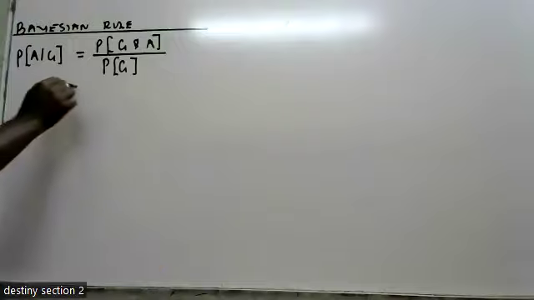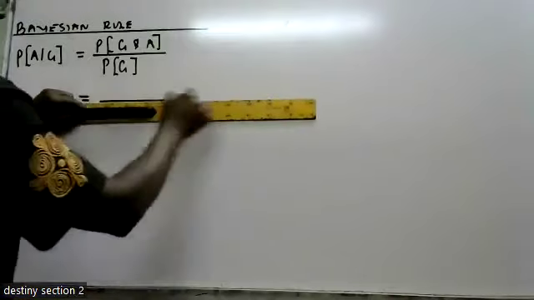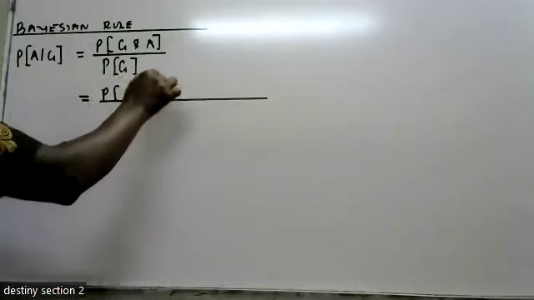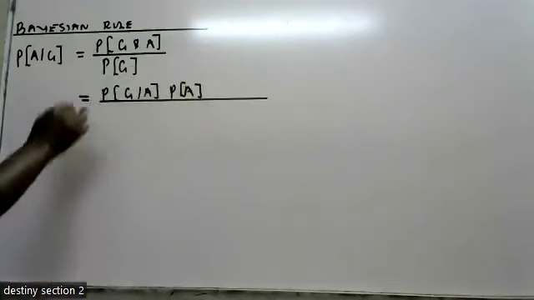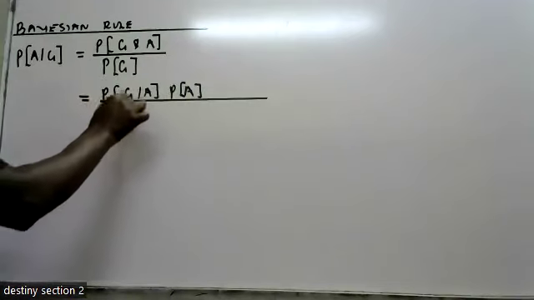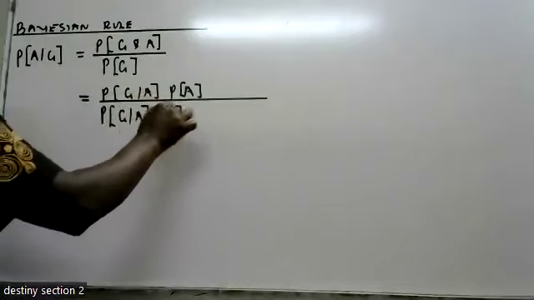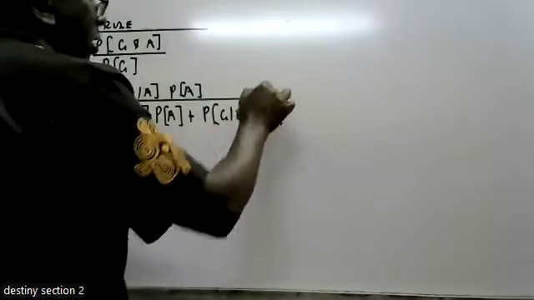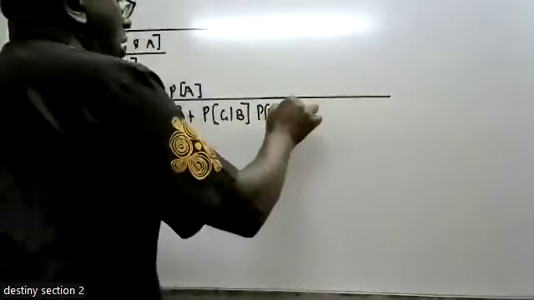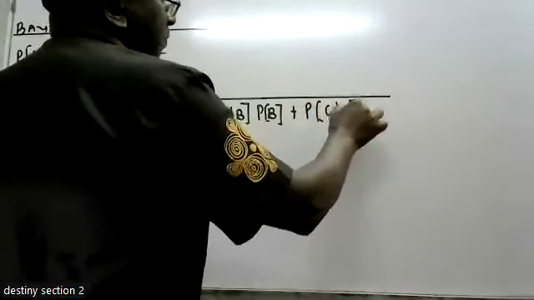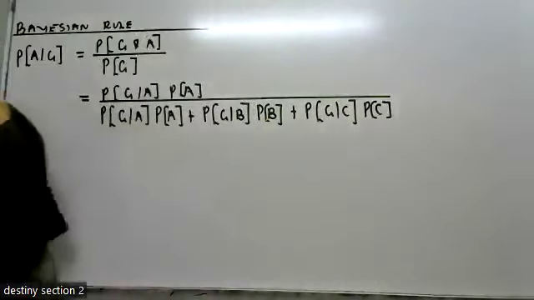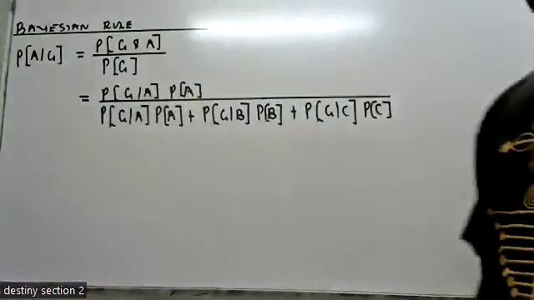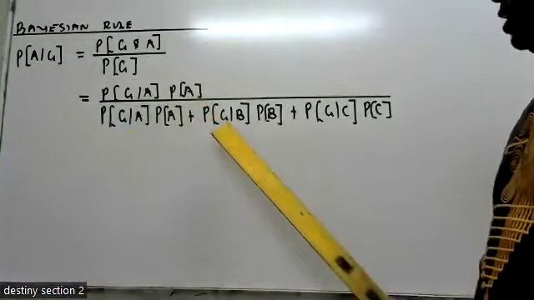Now when you expand it, it opens up as probability of gold given A multiplied by probability of A. You divide by probability of gold given A multiplied by probability of A, or probability of gold given B multiplied by probability of B, or probability of gold given C multiplied by probability of C. Now this one is giving us all the possibilities where you can find gold. So gold can be found in A, B, and C.